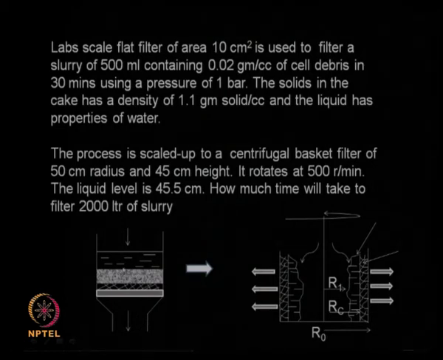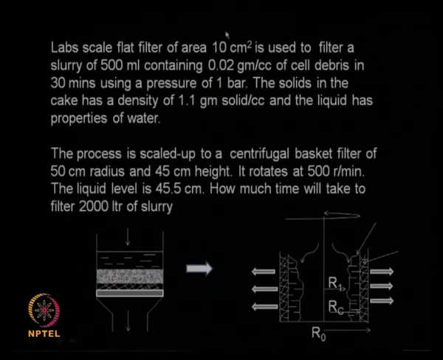You assume the properties of the solid to be the same when you move from the lab scale right up to the manufacturing scale, that is important. So what do you do? You calculate the properties of the cake from the lab scale data and then put them inside the equation for the centrifugal filter and calculate the time required.